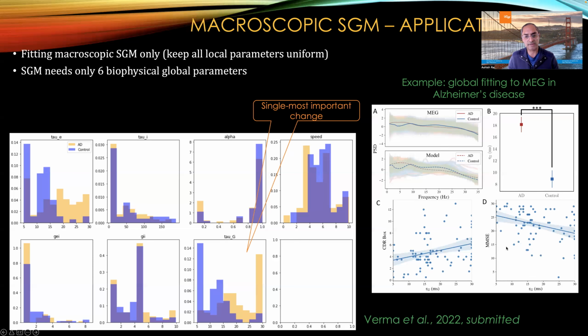We were limited by sample size here. In this study, I believe there are only 80 subjects. But we are really excited about this because this might be the first time you can see from whole brain MEG a distinct and specific biophysical thing that's changing, and that change causes the entire network to do something different in terms of its power spectrum.